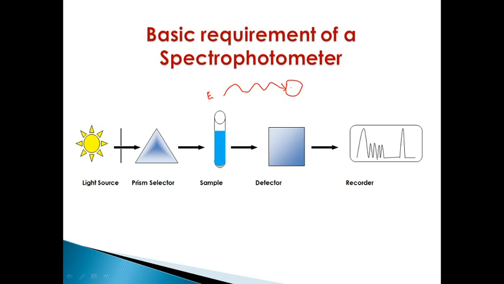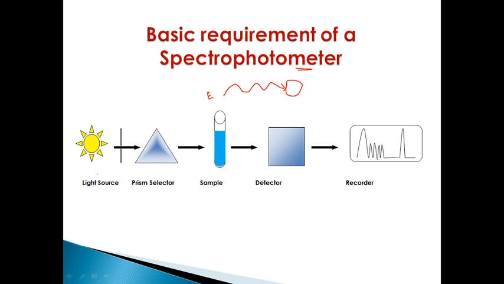Those changes can be recorded by a machine or tool called a spectrophotometer. The changes that take place in the molecule can be recorded using a spectrophotometer.